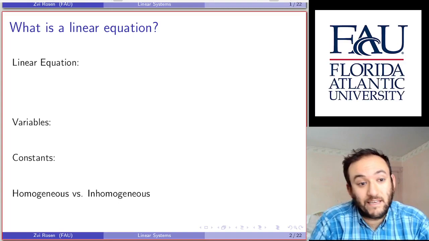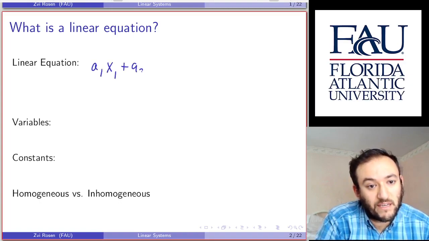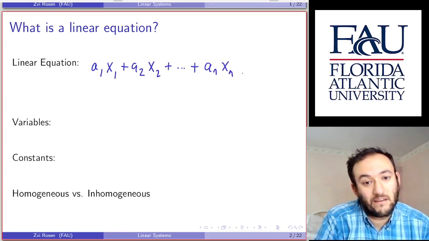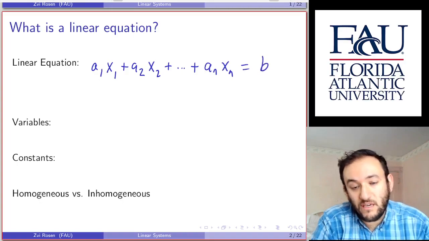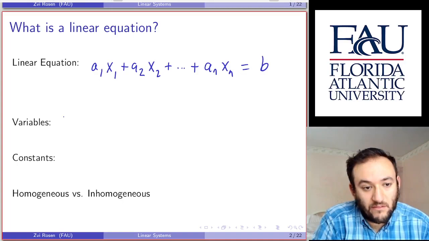First of all, what is a linear equation? A linear equation is something of the type a1x1 plus a2x2, etc., plus anxn equals b, and these are the variables in this equation. The unknowns are x1 through xn.